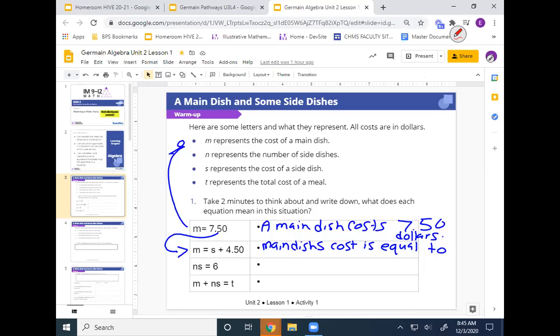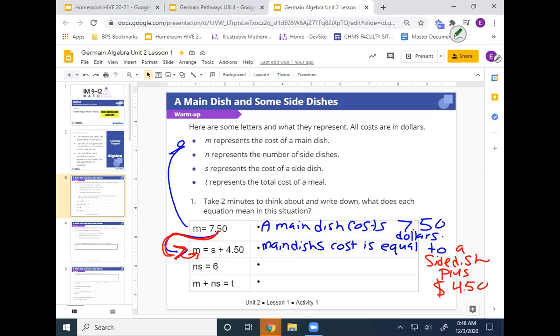Nice job, Max. A side dish plus 450. Very good. And I like that Max actually took those numbers from the previous ones and plugged them in. That wasn't exactly what it was asking, but Max, that was really smart. So yes, M is equal to 750, but you weren't asked to plug those values in. It was asking you to just look at that equation and tell me what it means with the letters in it, okay?